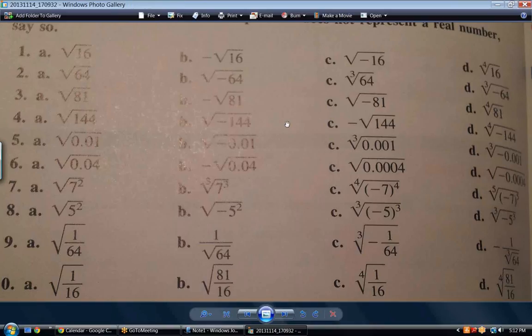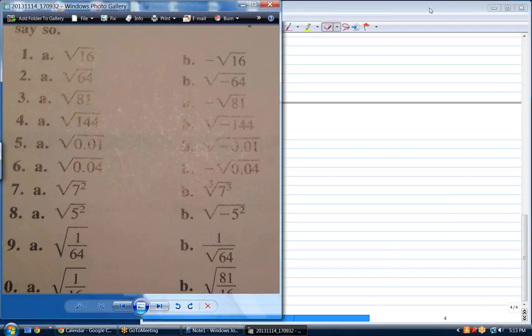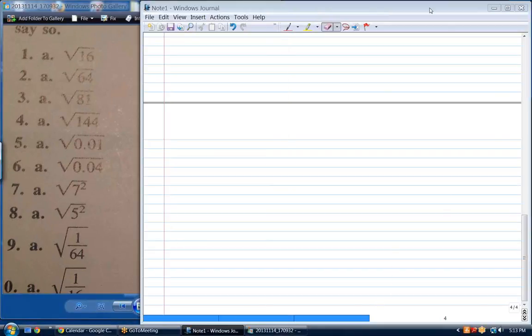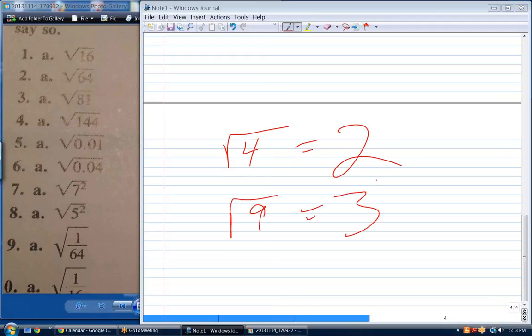Let's see. Do 6C. Okay. What is the square root of 0.04? Here, let's go over a principle first. When I take the square root of a number greater than 1, the answer is always smaller, right? Square root of 9 is 3.